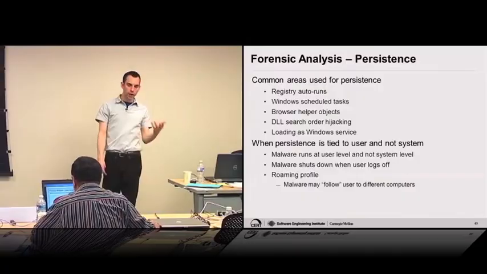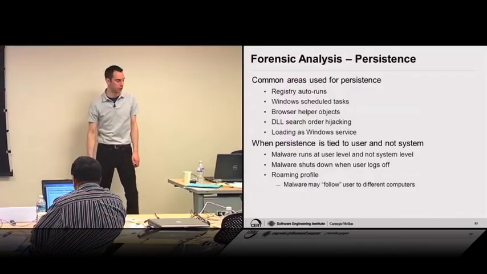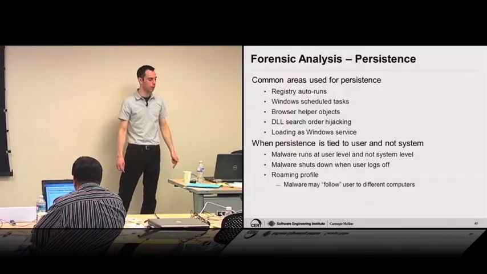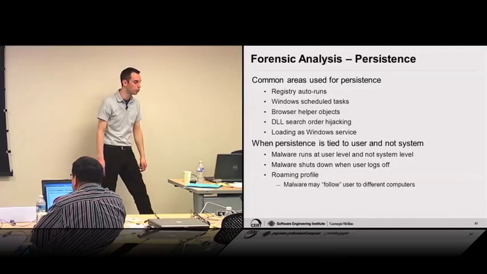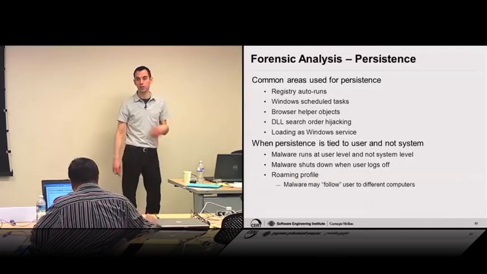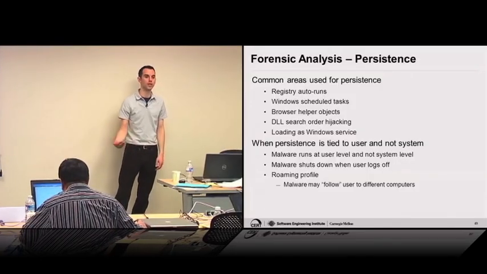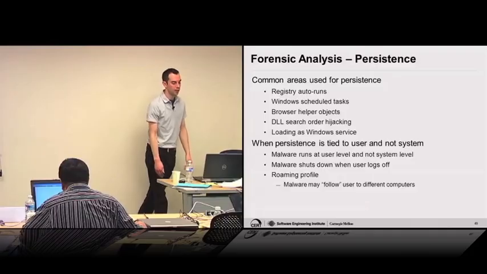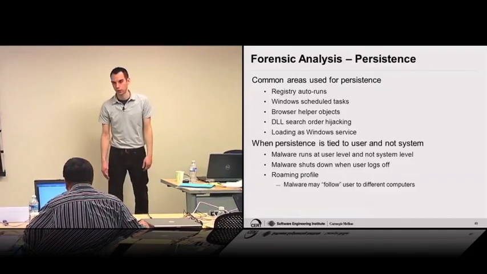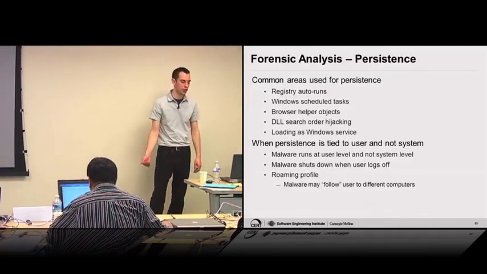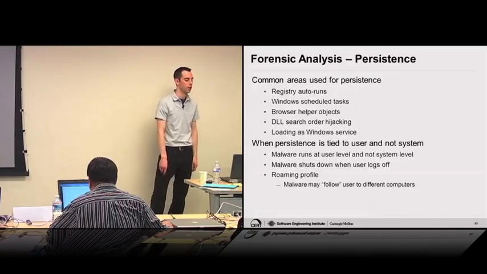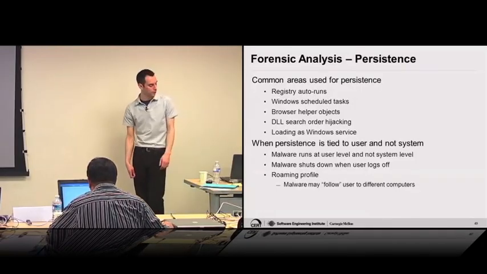Some of the common areas you're going to deal with when dealing with persistence: registry autoruns, which we've talked about quite a bit, scheduled tasks, which we mentioned as well, and browser helper objects, things that are loaded into your web browser, as well as any plugins used by that web browser. Also DLLs that are hooked or injected into processes, or something that's loaded as a service.